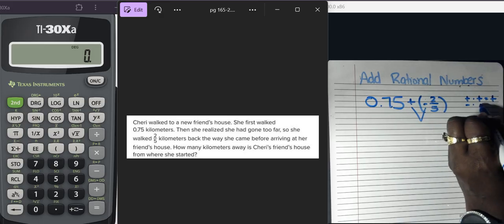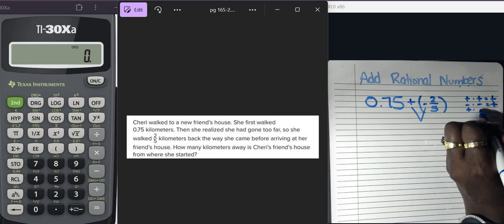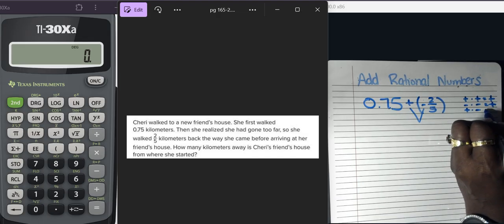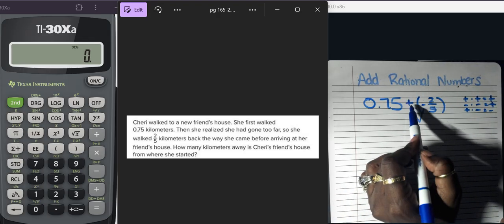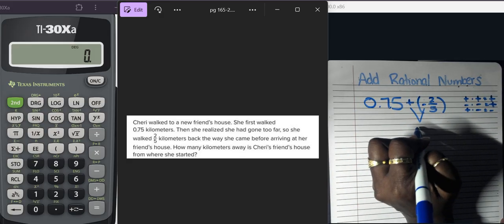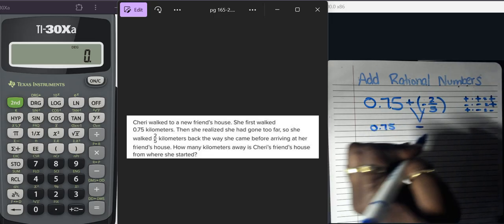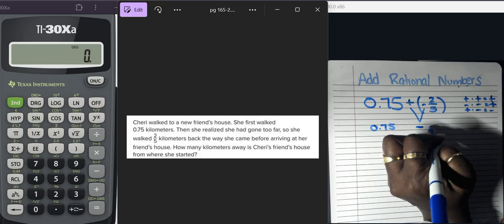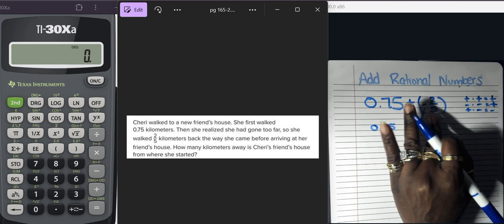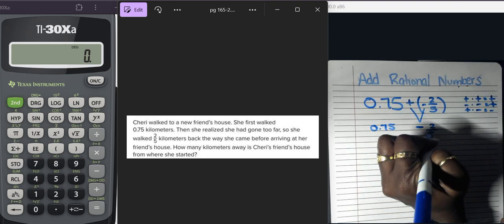So two positives become a positive, two negatives become a positive, and if you have a positive and a negative, so it's an odd number, then it's going to be negative. In this case, we have a positive and a negative, okay? And so that is going to become subtraction. So 0.75 minus, oh, sorry, minus 2/5.